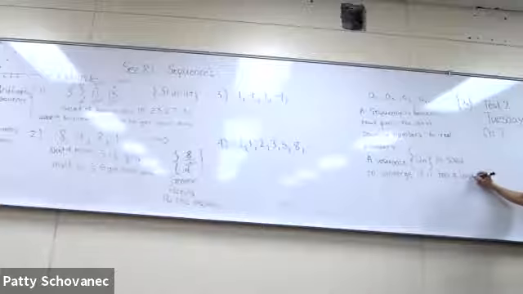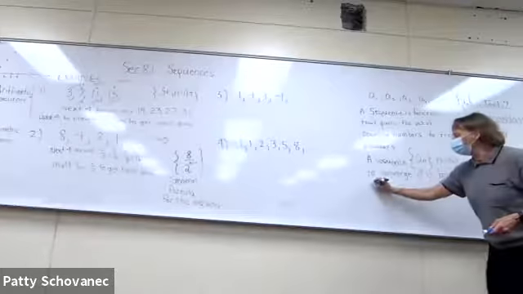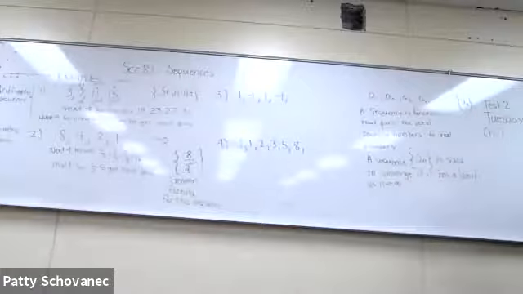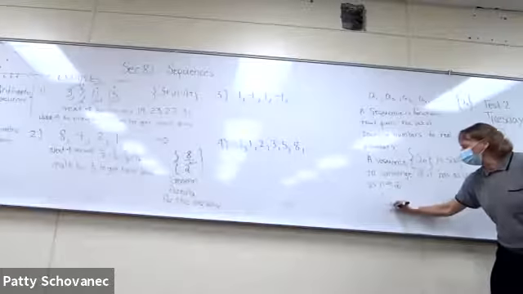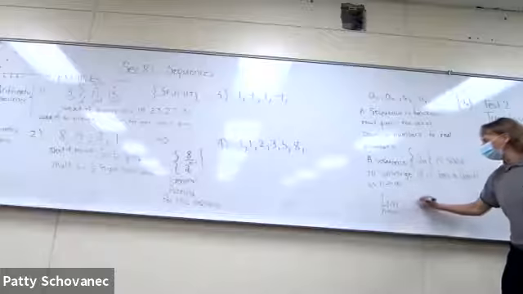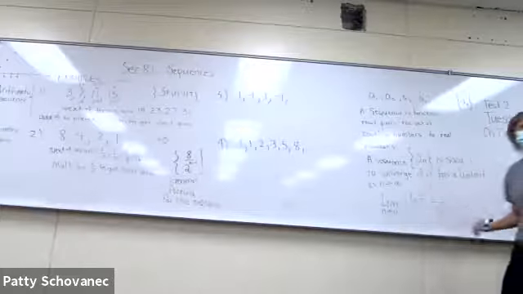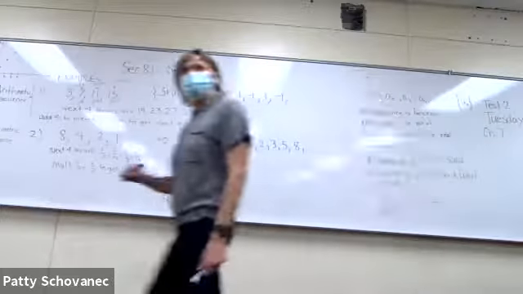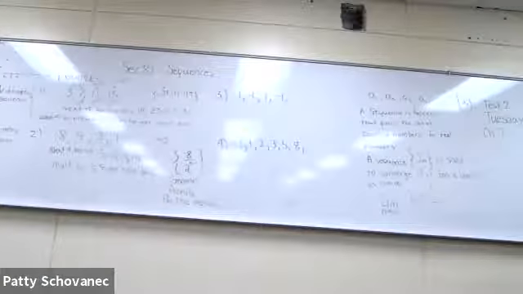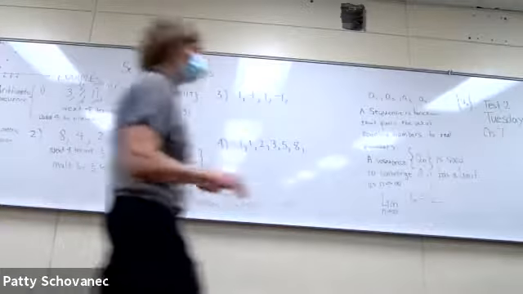And I mean a limit as the counter n goes to infinity. So we take the limit as n goes to infinity of the general term and get some number L that the sequence converges to. So that once we're past a certain point, all of the values of the sequence look like that.